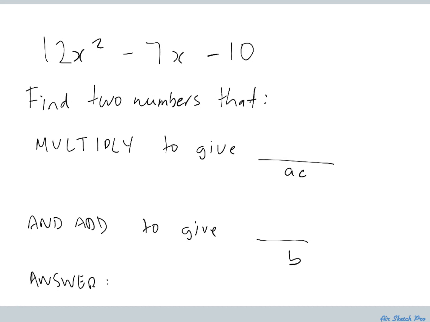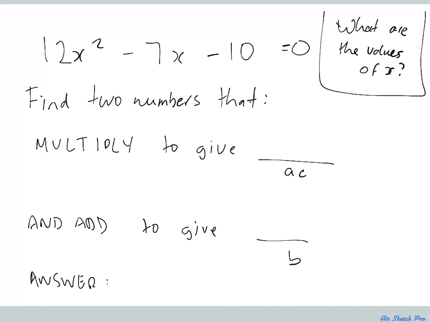And solve, okay, solve for it, set it equal to 0 and solve it. Okay, one more minute and then I'll just go through that.